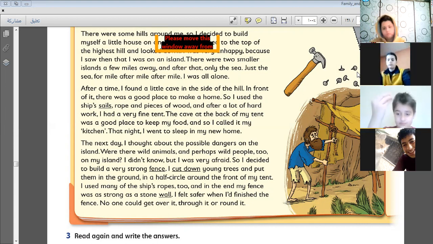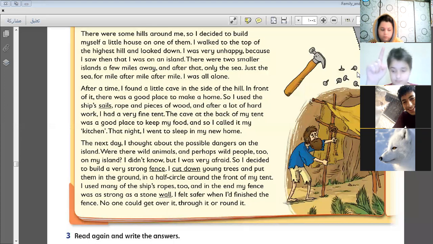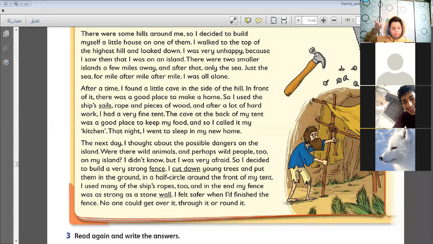Now let's go to exercise number 3. Read again and write the answers. Mr. Hamad. Yes, teacher, I was telling you, teacher, the fence exists in Minecraft. It means a fence.